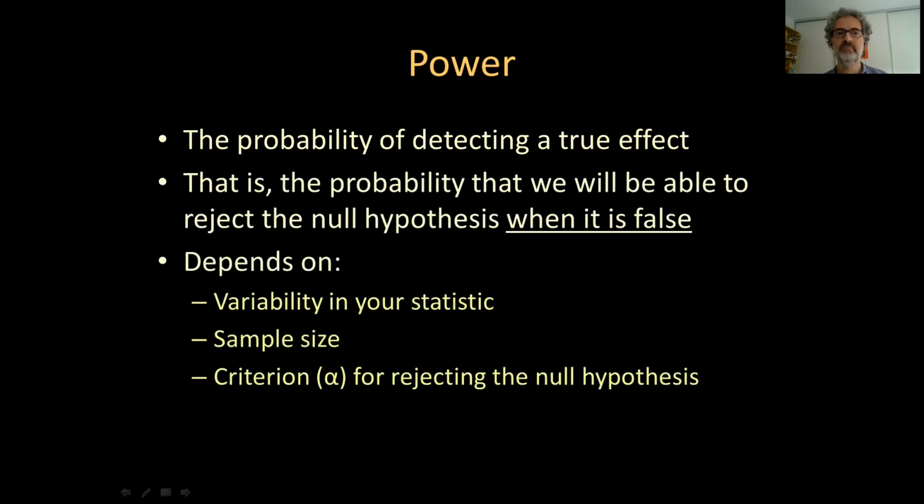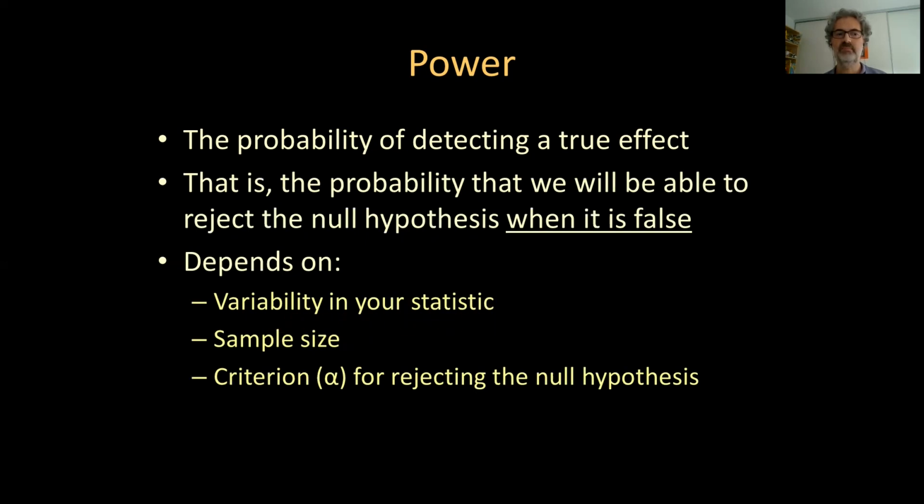The power depends on 3 things. First, the variability in your statistic, how variable your statistic is, because you need that standard deviation on the numerator. So if your statistic is more variable, then your standard error will be larger. Therefore, your power will be lower.